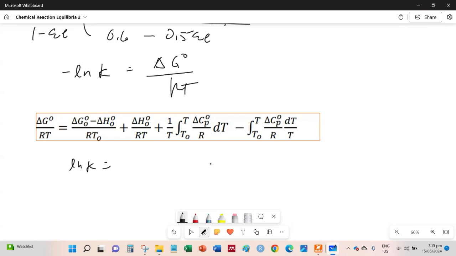Okay, and also for this term right here. What is left would be these two terms right here.